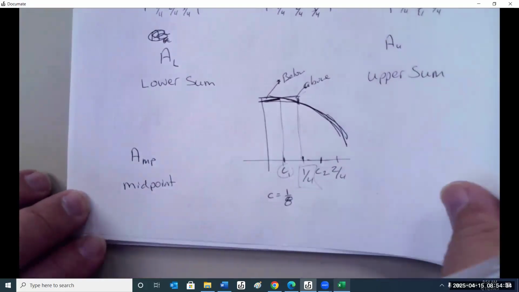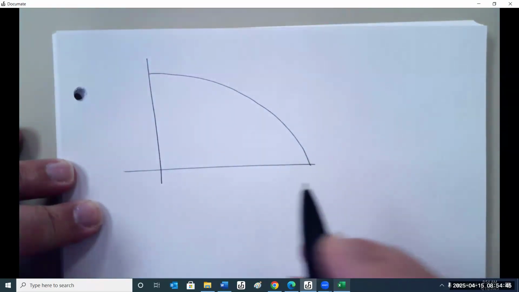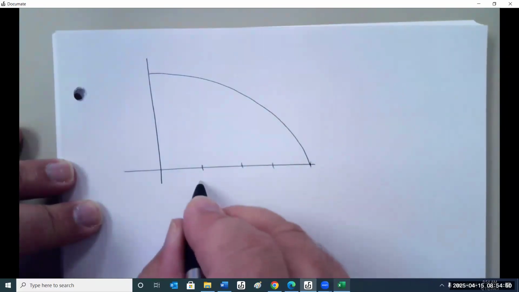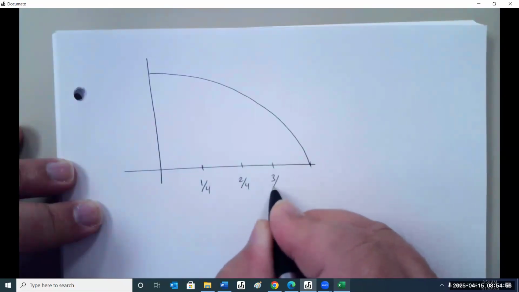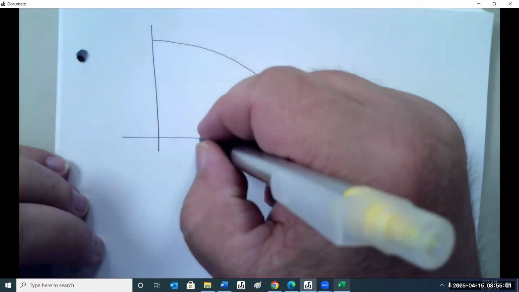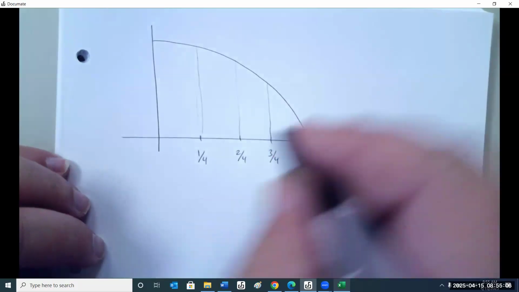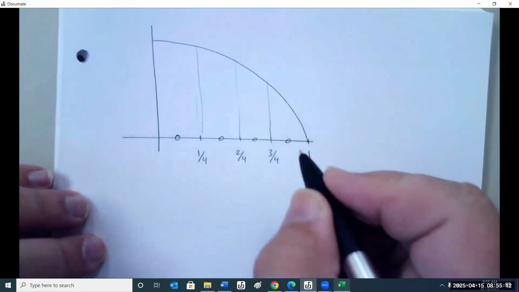So we have to figure out what we have to do is find the midpoints of each of these intervals.